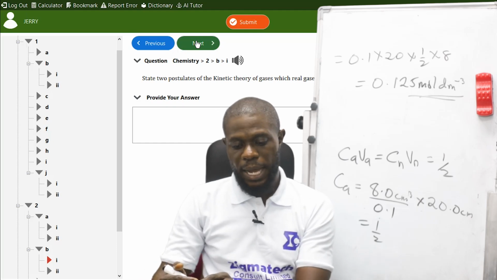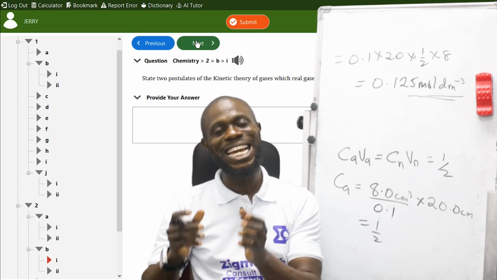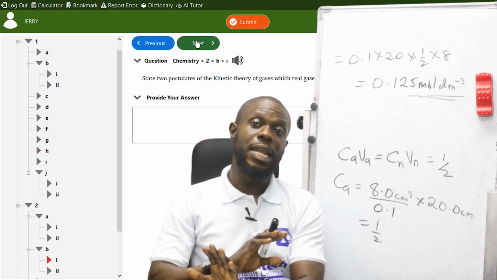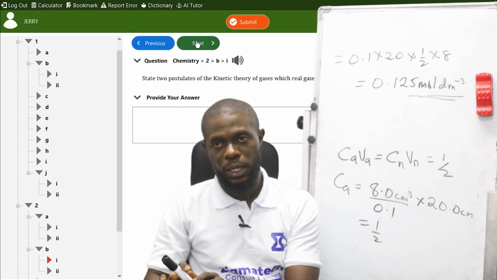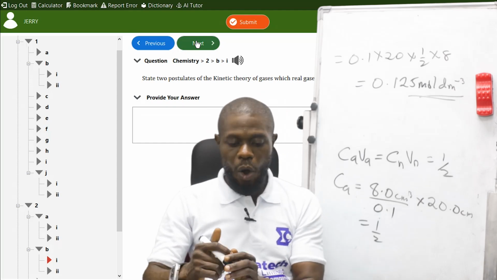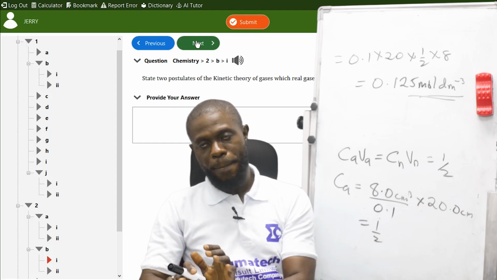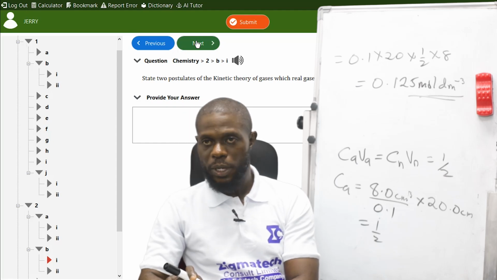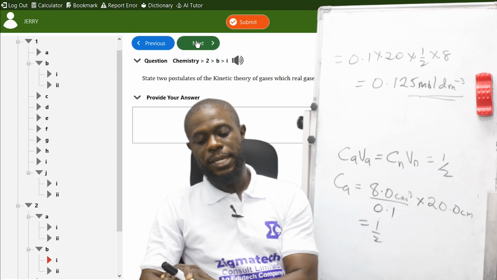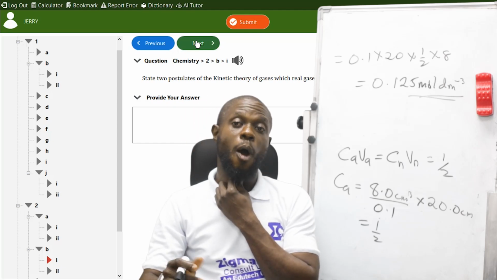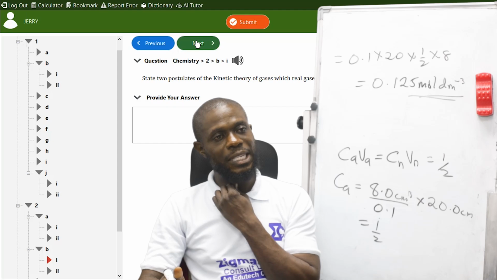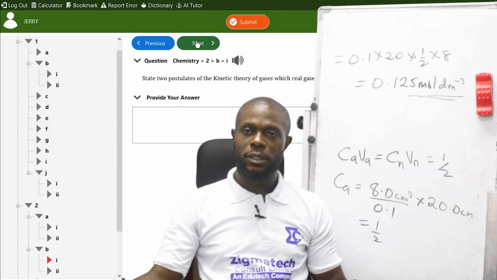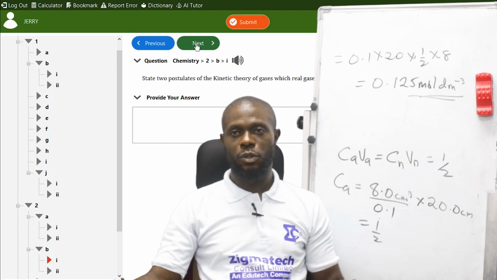The second one says the volume of a gas is negligible compared to the total volume of the container. These are the two postulates that real gases do not obey.